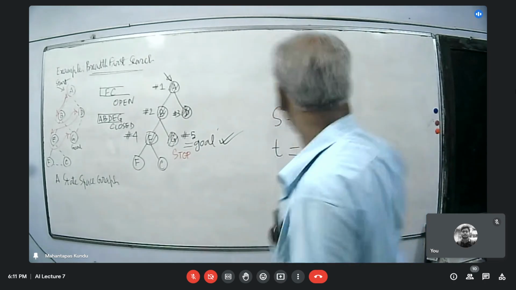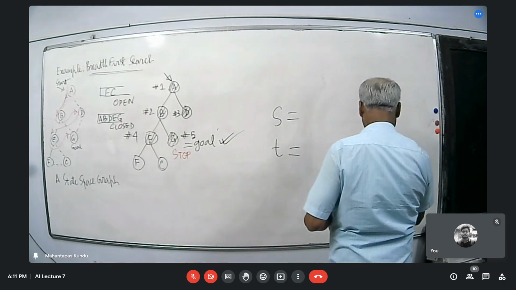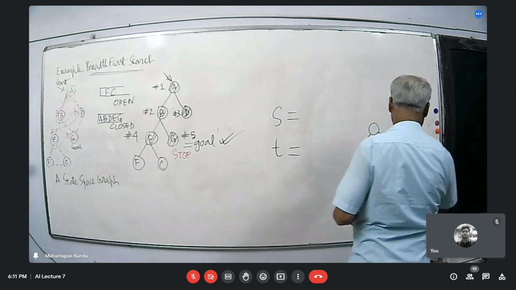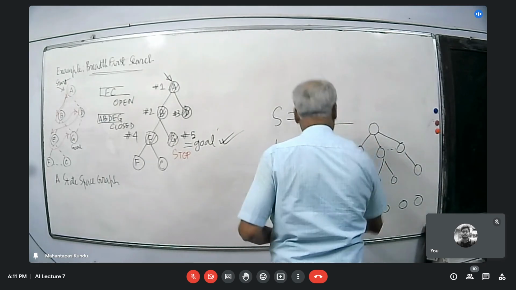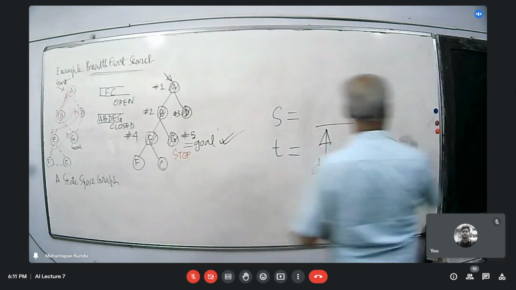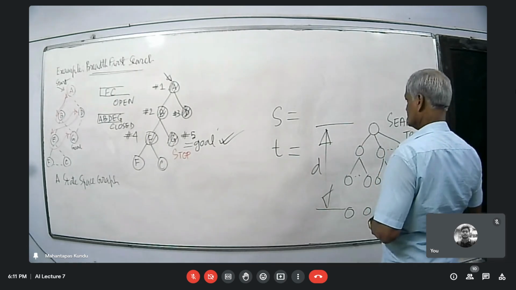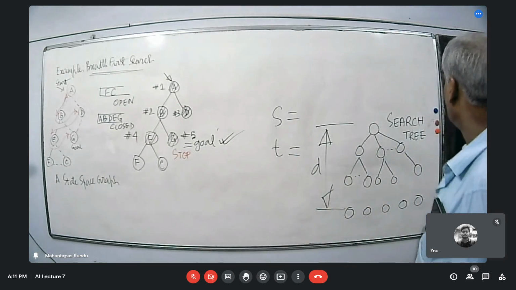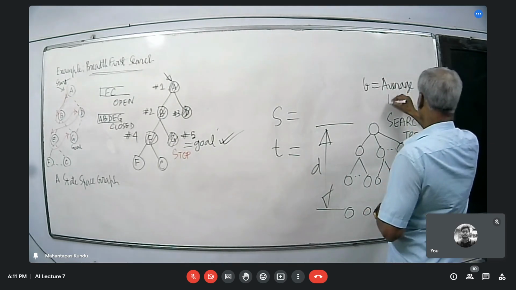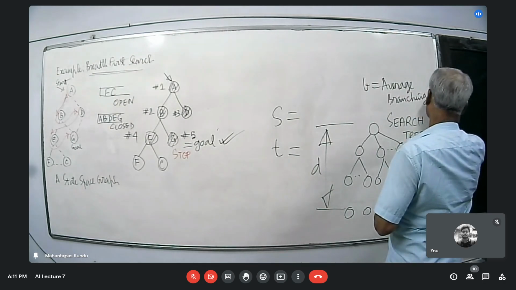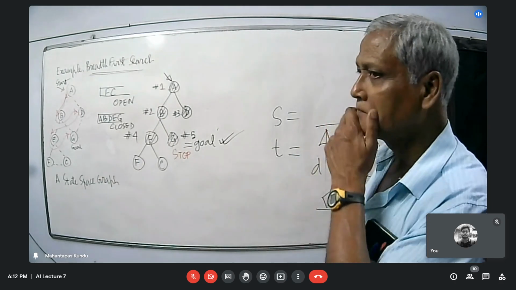It has to store a search tree of depth D. If B be the average branching factor, then the number of nodes in this tree will be proportional to B to the power D. Yes, sir.